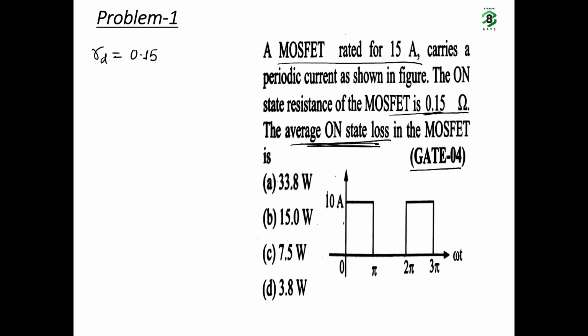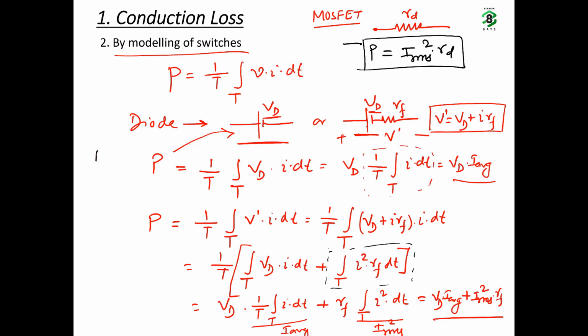So this is the current waveform. If the switch is represented as a resistance, then the power loss will be I RMS square into RD, where I RMS is the current flowing through the MOSFET. We have to obtain this I RMS value from this curve.